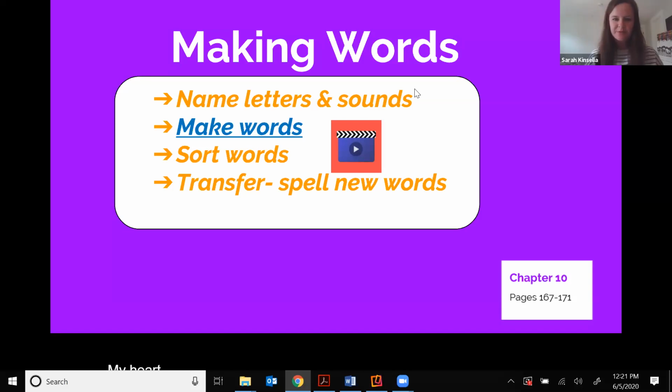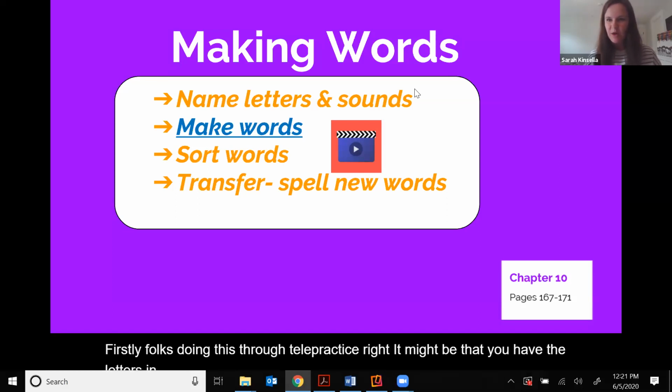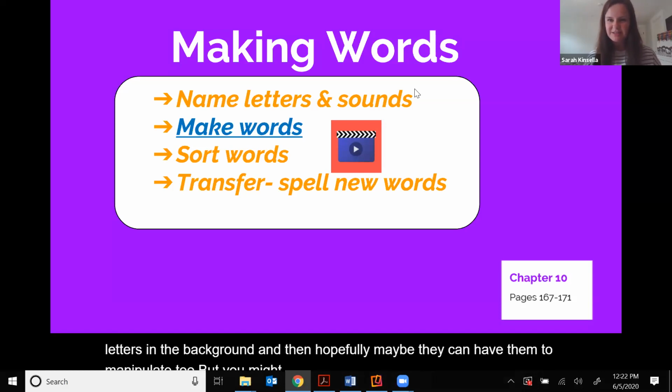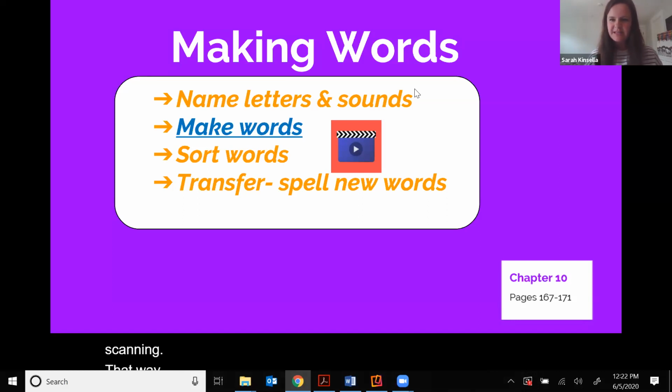Especially if folks are doing this through telepractice, right? It might be that you have the letters in the background, and then hopefully maybe they can have them to manipulate too, but you might be relying on doing some partner assisted scanning that way. Any other ideas on how you might do something like this virtually, if that's where we're at?